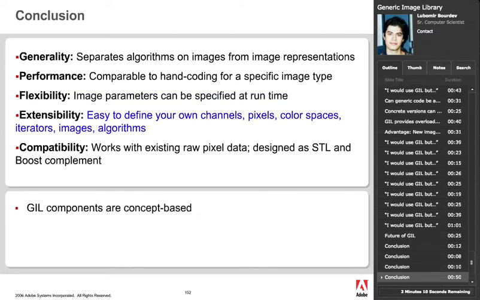GIL operates on concepts. That means that you can replace just about any part of GIL, its pixels, iterators, locators, image views and algorithms, with your own, and the rest of GIL will work as expected.